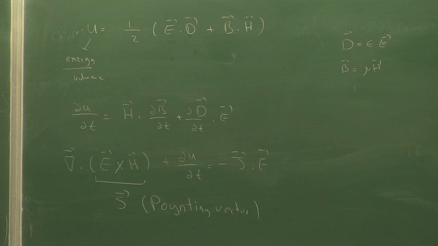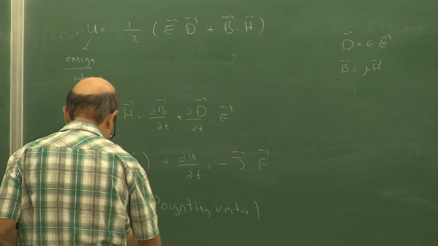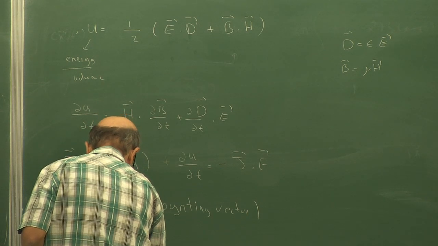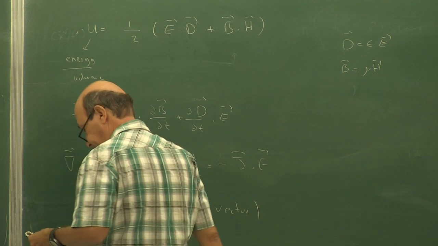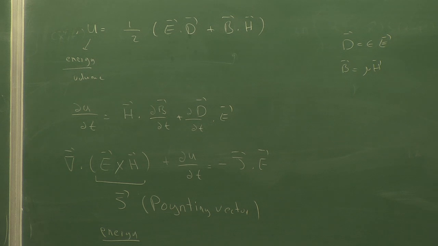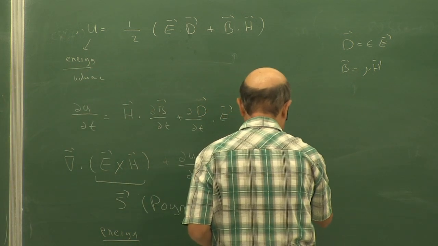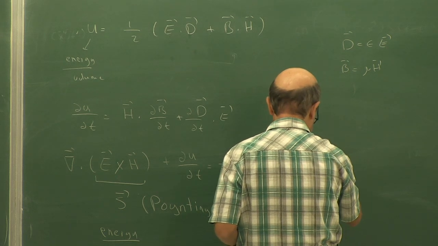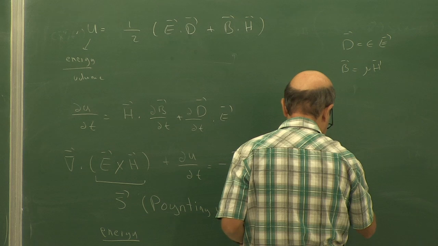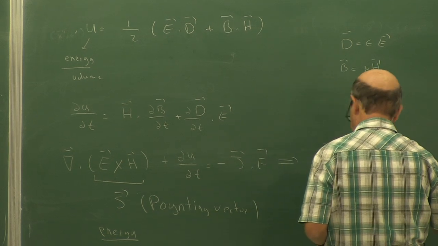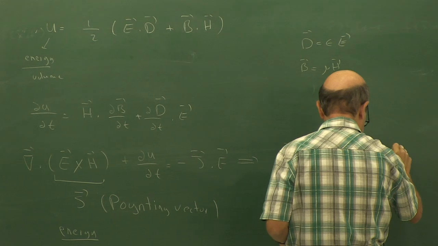Energy per second per area, energy flux. That is the unit. So basically we have one equation, which is del U over del T plus divergence of S is equal to minus J dot E.